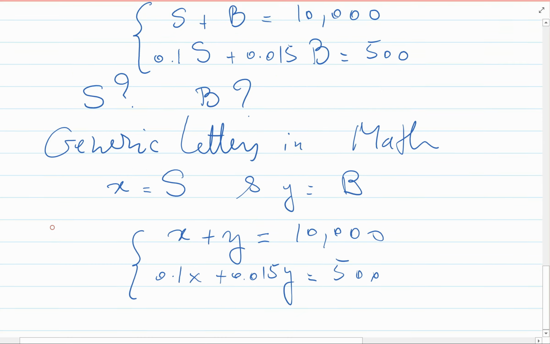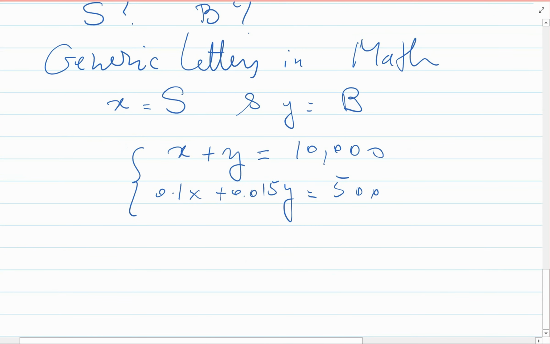I'm not going to discuss it here, but for the sake of argument, let me just tell you that x, which is S, is equal to 4,117.64, and y, which is B, the amount of money invested in bonds, is 5,882.35.